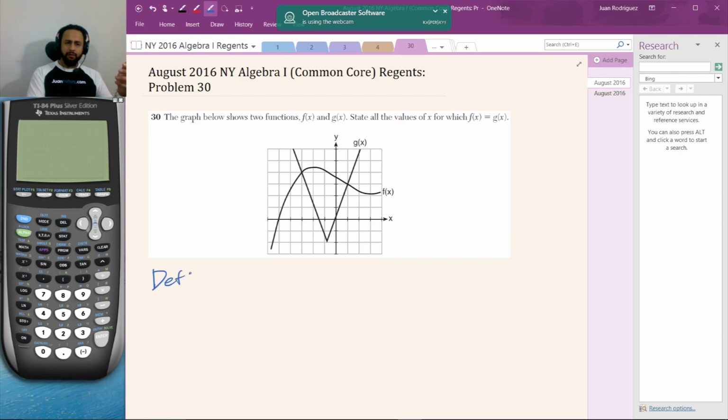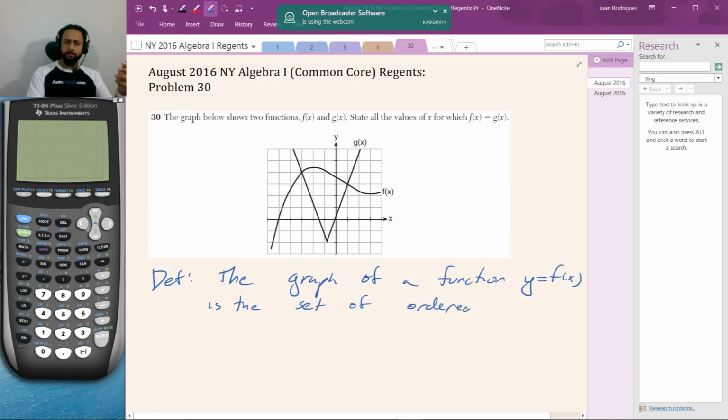So the graph of a function, for example, y equals f of x, is a set of ordered pairs (x, y) satisfying the equation y equals f of x.